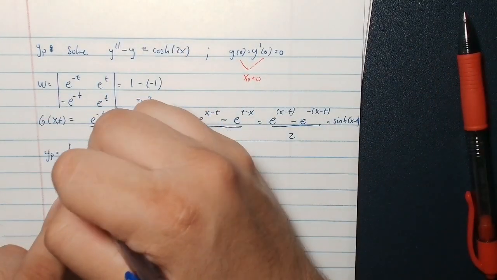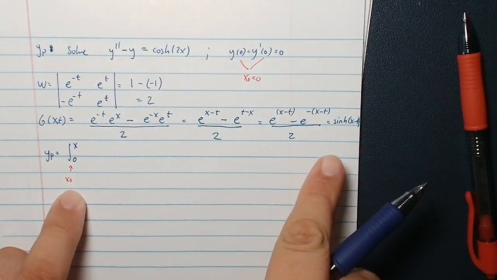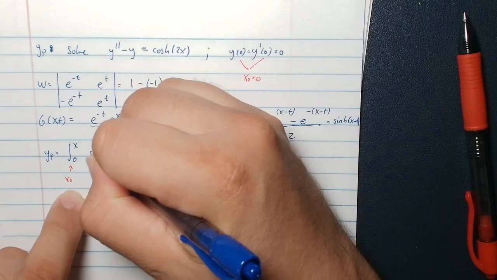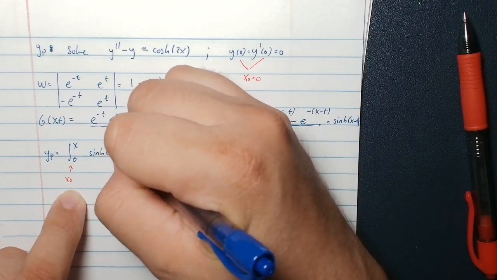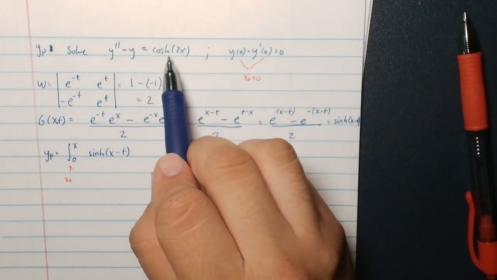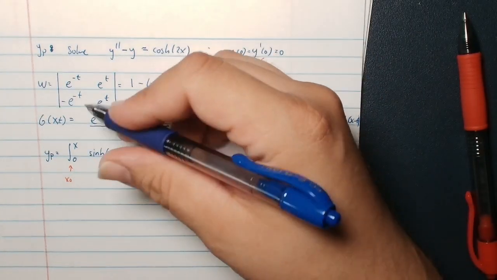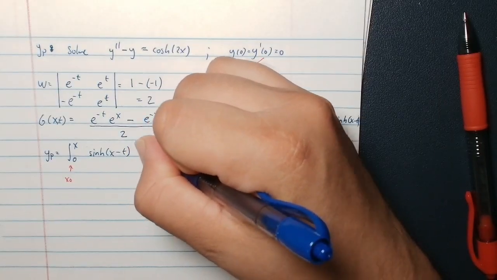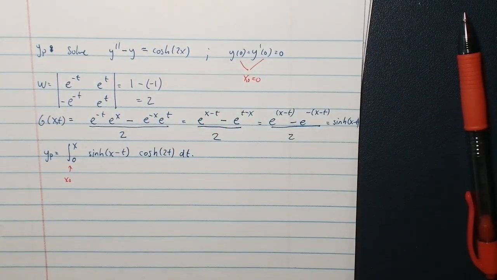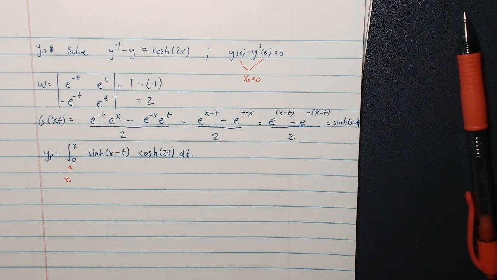So it's going to be 0 up to x of, I'm going to take my Green's function, which is just sinh of x minus t, times my input function with respect to t. So that'll be cosh of 2t dt. And that's our y sub p.